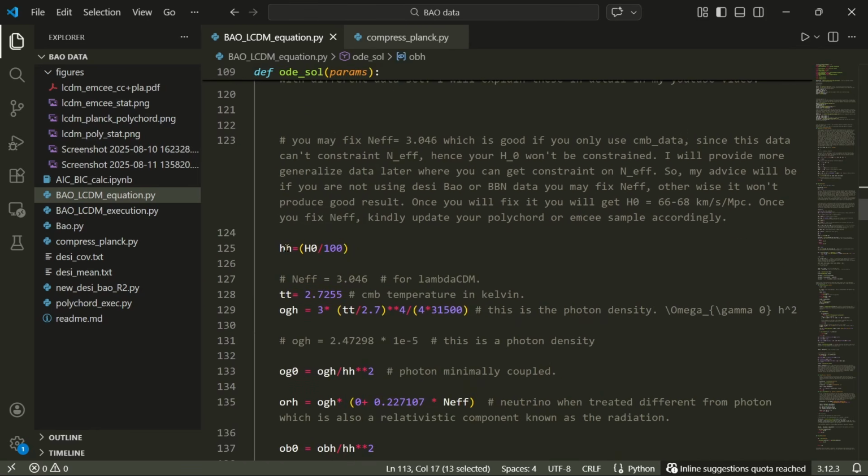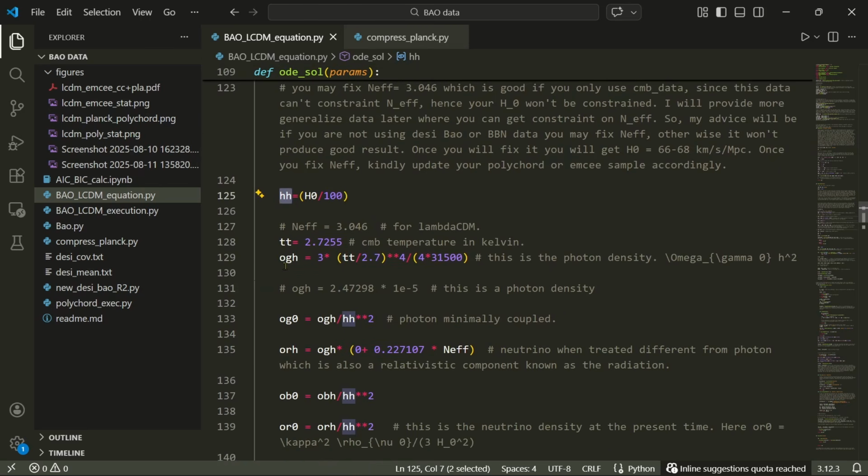Understood? Now I have defined little h as H0 over 100, and from there I can just calculate your omega h square. So this omega h square is what? Omega gamma 0, that is photon density, times h square. So from the Boltzmann equation, or the thermal stabilization, from the early universe, it is calculated what the density is, independent of h. What is the density?